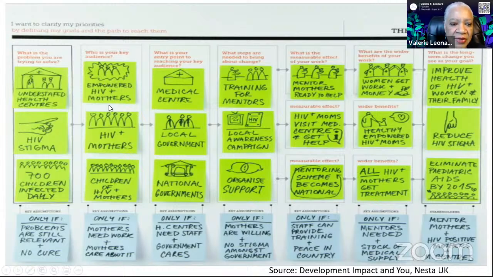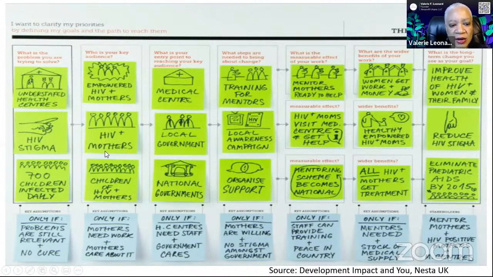And then this column, they focused on targets. Who is your key audience? This would be empowered HIV mothers, and this would be other HIV positive mothers. And then this is children of HIV positive mothers.